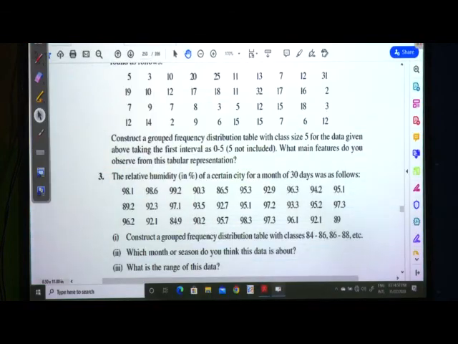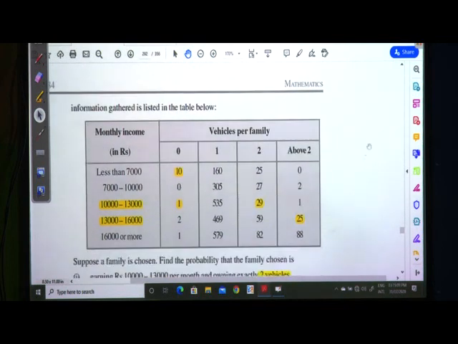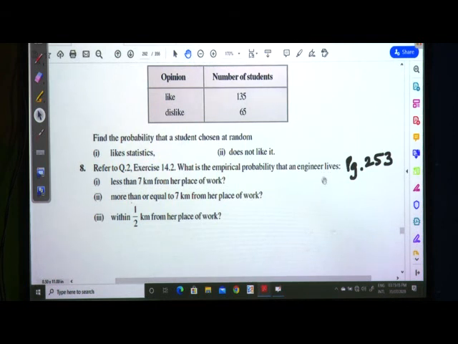Let us go back to our original question, from where we were asked to refer this. So here the probability of the event: less than 7 km from her place of work is equal to 9 upon 40.